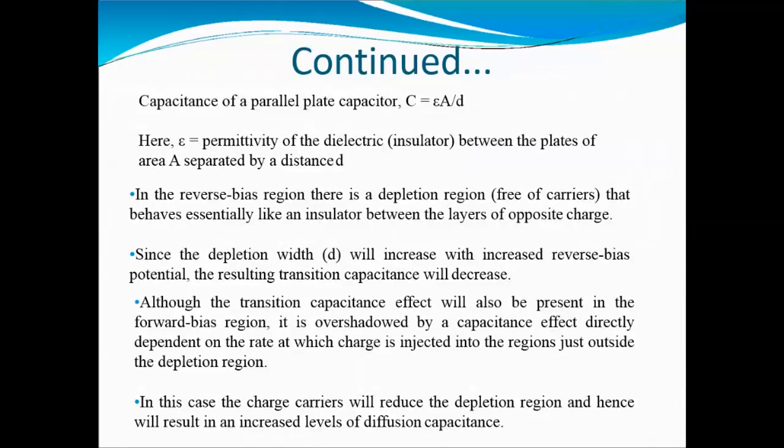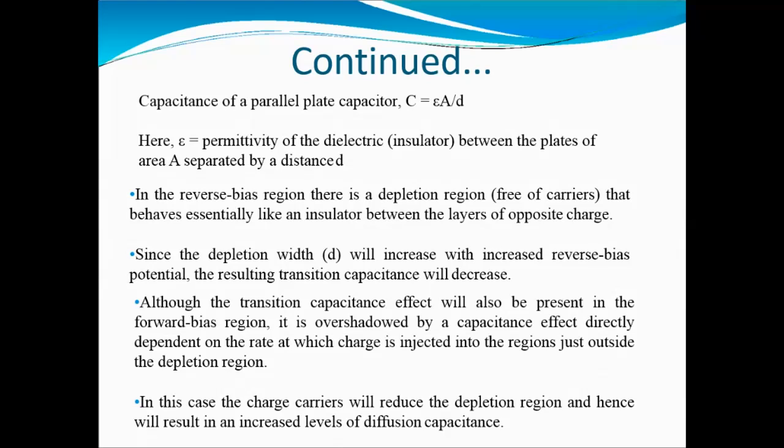In the reverse bias region, there is a depletion region free of carriers that behaves essentially like an insulator between the layers of opposite charge. Since the depletion width d will increase with increased reverse bias potential, the resulting transition capacitance will decrease. Whenever the depletion width is increased, there is no current passing.